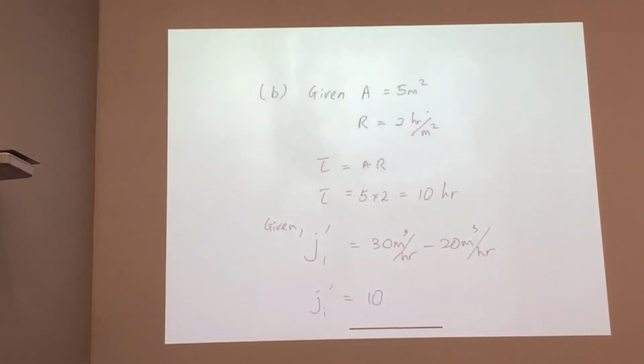Alright, let's say in the second part of the question, I give you A equal to this, R equal to this. You need to calculate the tau, right? Tau is actually given by A multiplied by R, which is 5 times 2. Let's say in this case it is 10. Alright? And let's say the flow rate now changes from 20 to 30. 20 is your steady state condition.